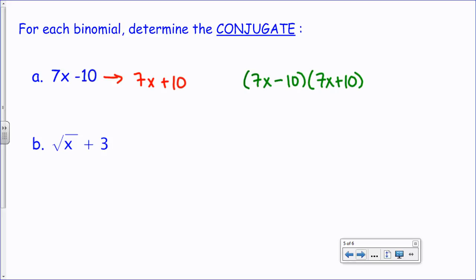But if you do remember it, you can do that, and it's faster. So what's the square of 7x? 49, you have to square the 7 too. 49x squared. What is 10 squared? 100. And it's a difference, so subtraction.